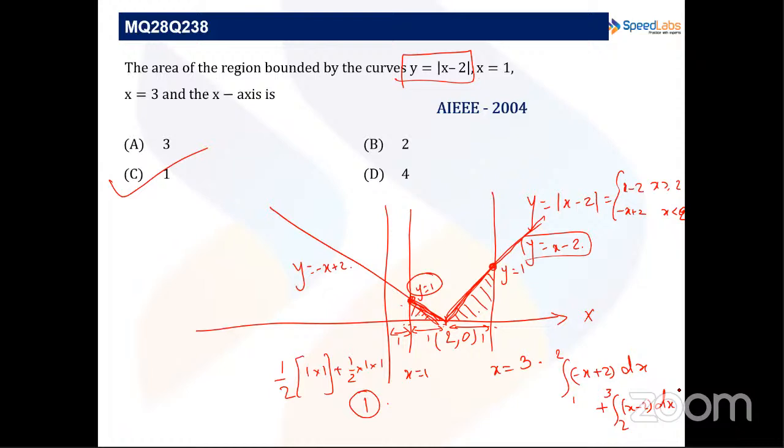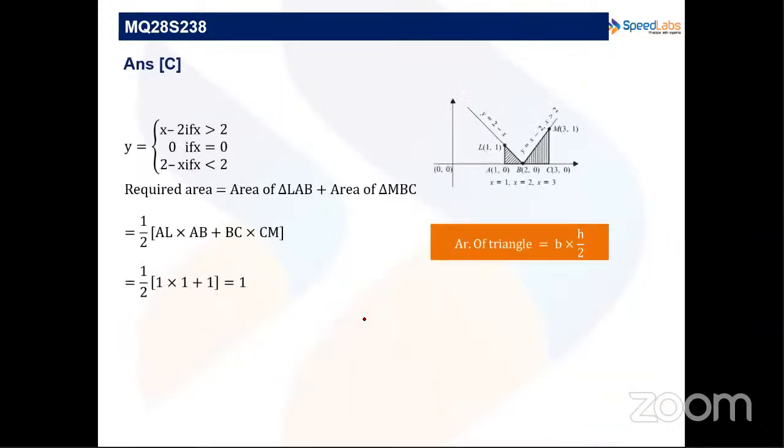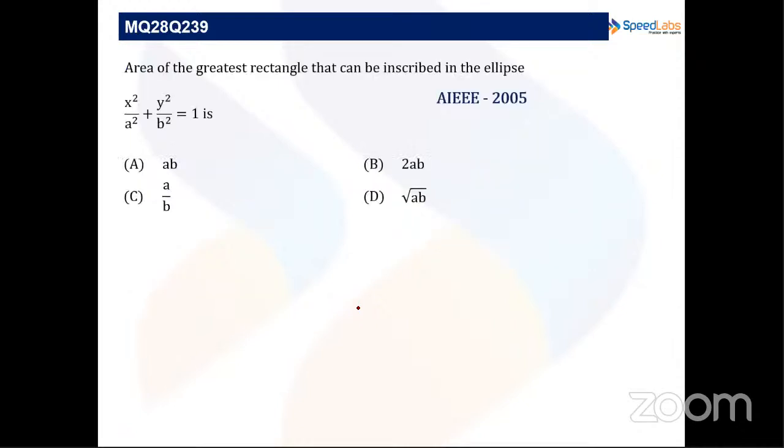Solve this by using the basic properties of integration, that is x to the power n, you will be getting the integration x to the power n plus 1 upon n plus 1, and then the required answer will be 1. Moving to the next question. So the question is, area of the greatest rectangle that can be inscribed in the ellipse.